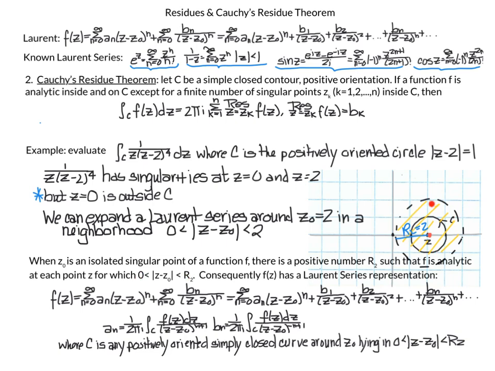So it's everything in the yellow, not including 2. Consequently, f of z has a Laurent series representation. So we're using this neighborhood to do our Laurent series expansion around z naught equals 2.